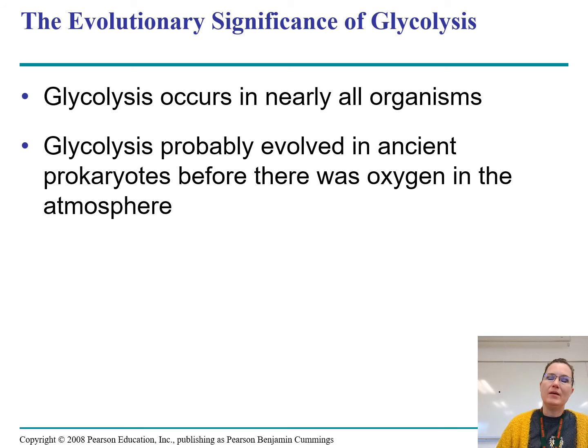One of the things that I mention almost every unit is how the topic, whatever we're talking about, connects to evolution. Glycolysis is one of those things. It occurs in almost everything, bacteria, animals, prokaryotes, eukaryotes, not everything, but just about everything.